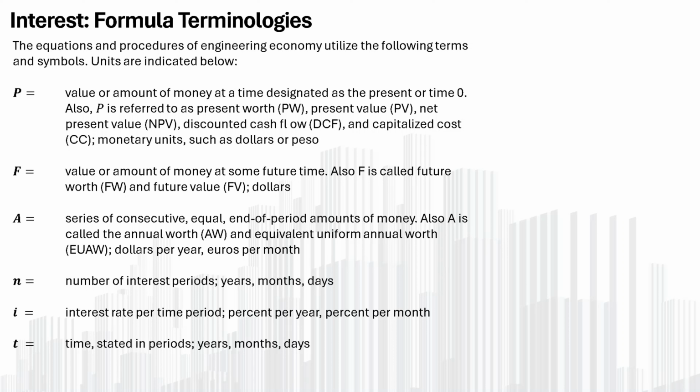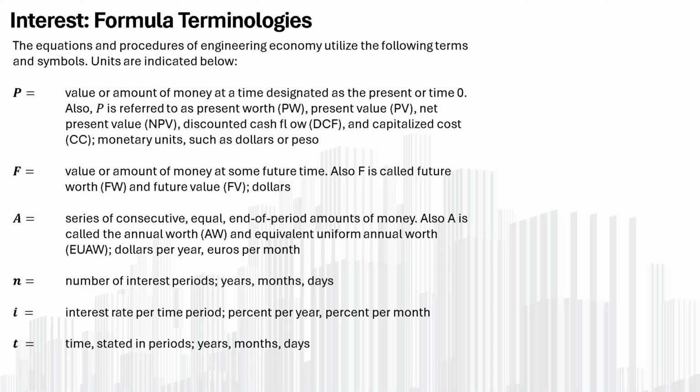Time is stated in periods of years, months, and days. You could ask, what's the difference between N and T? But sometimes in a given problem, you're going to compound it on a specific basis.